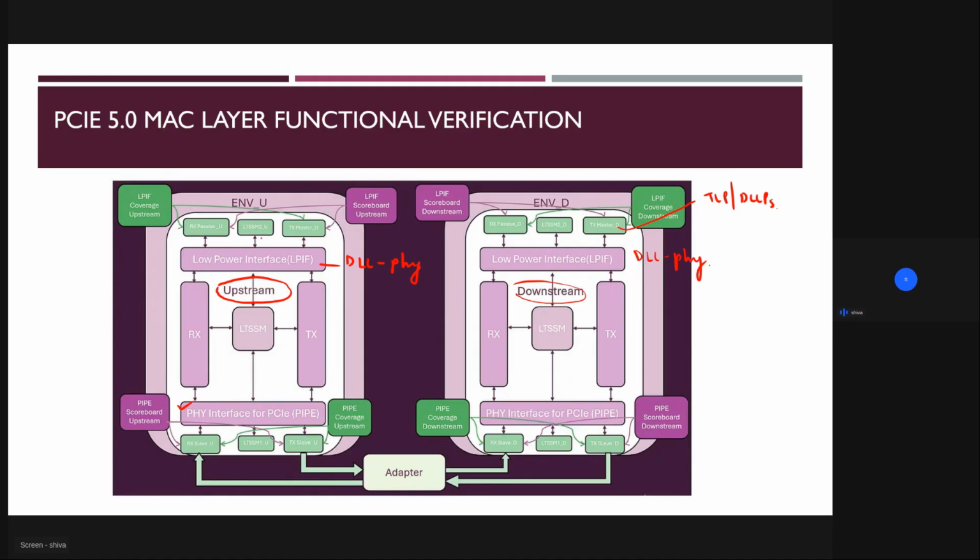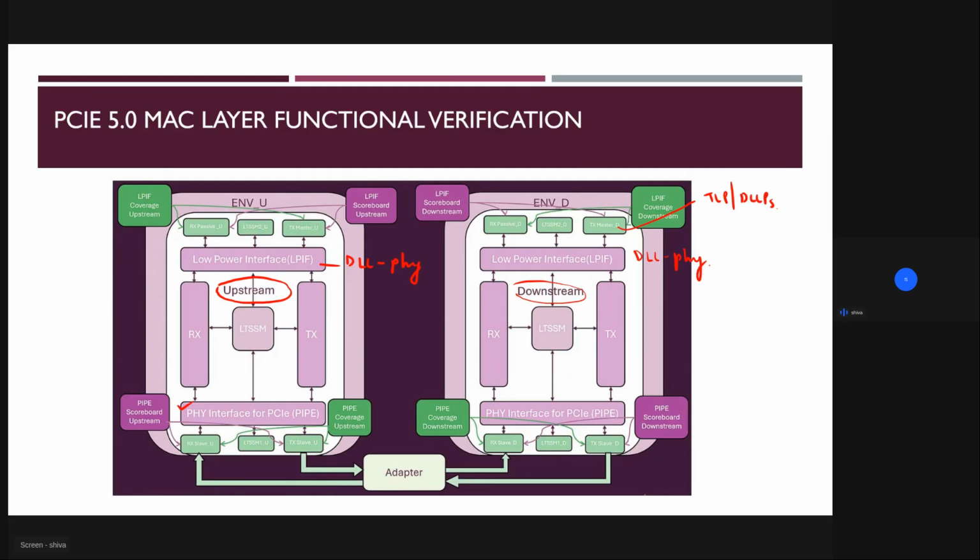On the link interface side we have LTSSM2 for upstream and LTSSM2 for downstream. This LTSSM2 agent will check the status of the link, and it will also force the link to enter into the detect state.